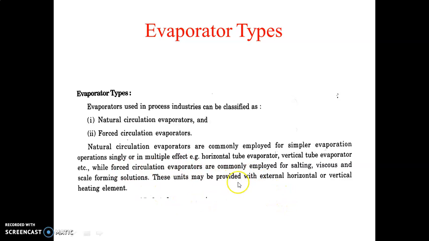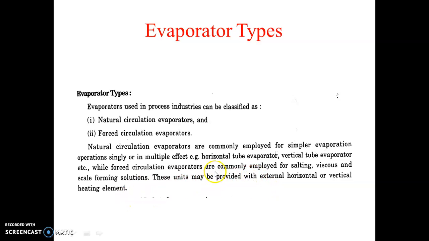And in the forced circulation evaporator, we use an external horizontal or vertical heating element. That means external heating is done in this forced circulation evaporator. Okay. So in natural circulation, the circulation of the solution is natural. That means for simple evaporation we use this, and forced circulation is used for liquids containing salt, viscous liquids or scale formation.